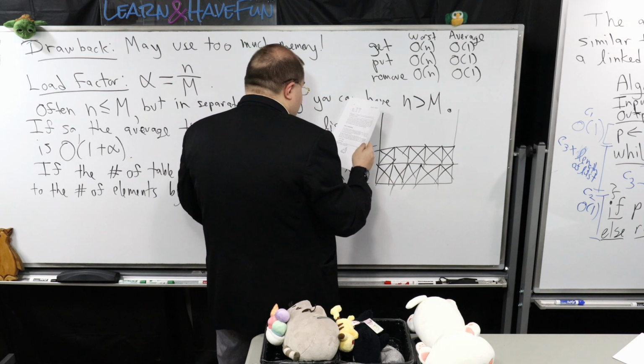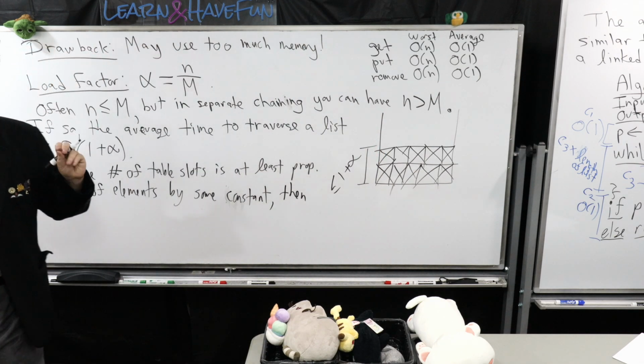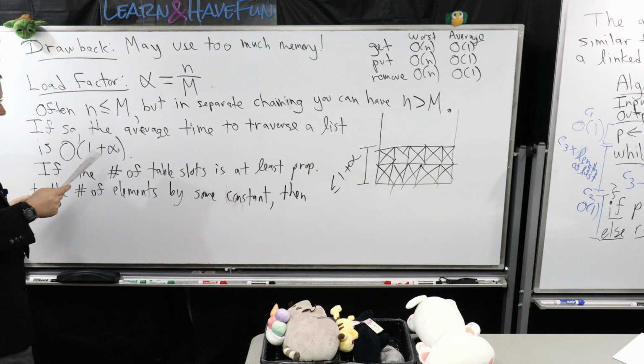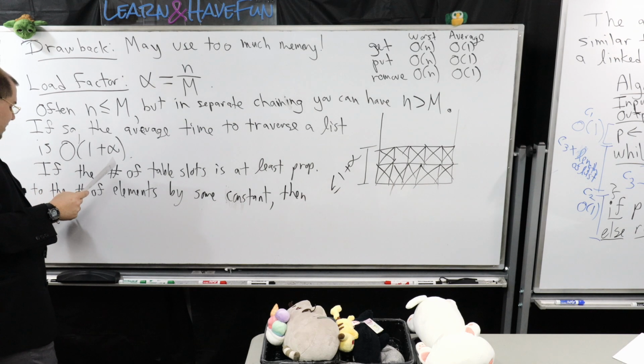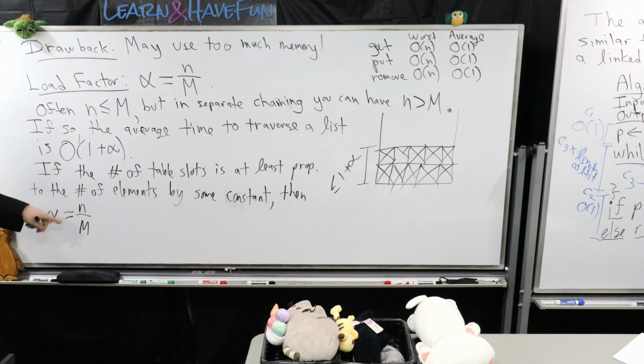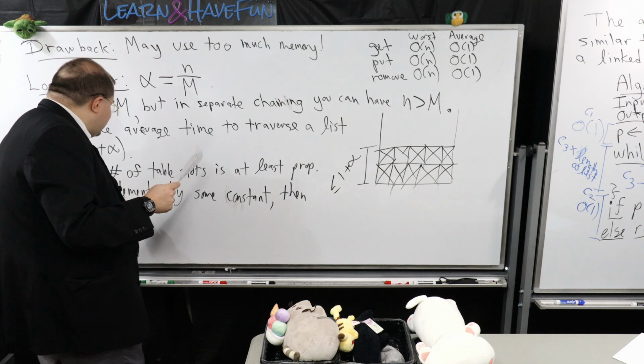Then this is where the trick comes in. If you know that these are proportional by some constant, then you know that alpha is equal to, remember, n over m. The load factor is this, right? But if you say it's bounded by at most a constant, this means that this is big O of 1, right?